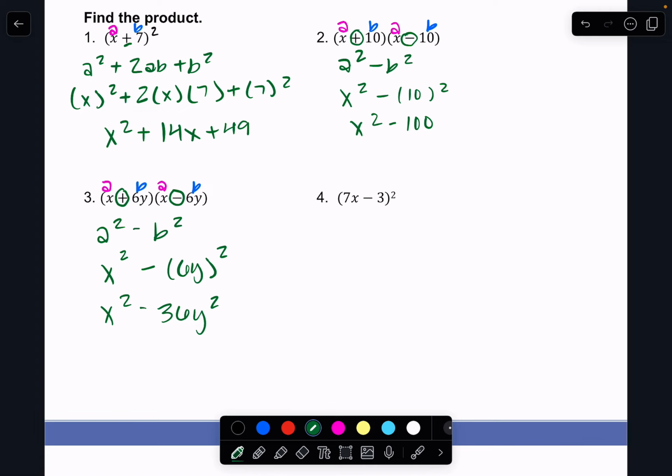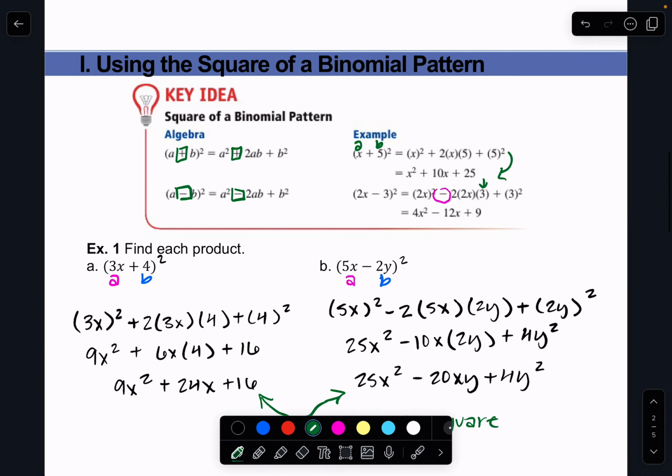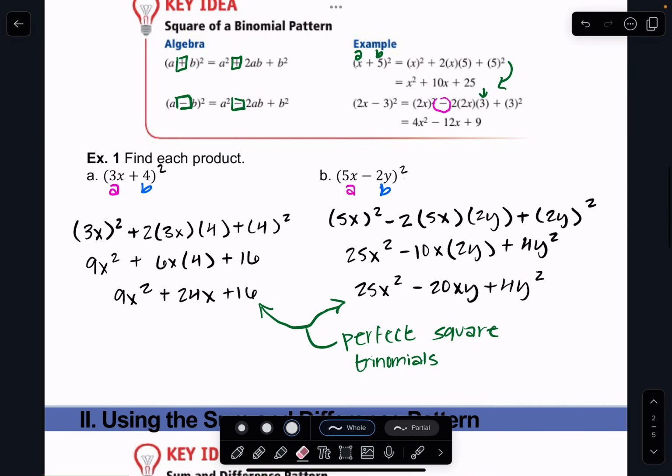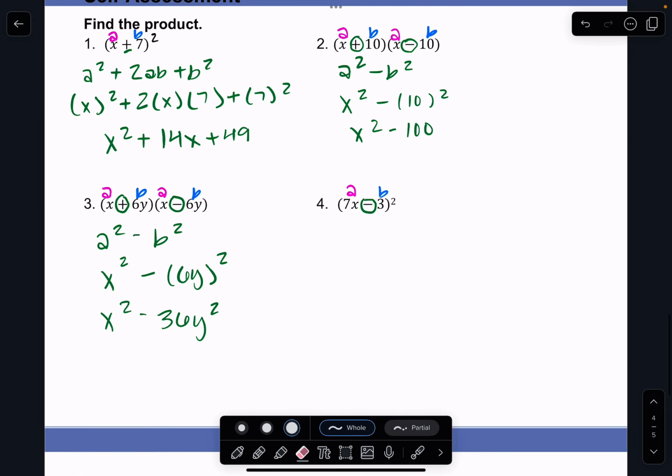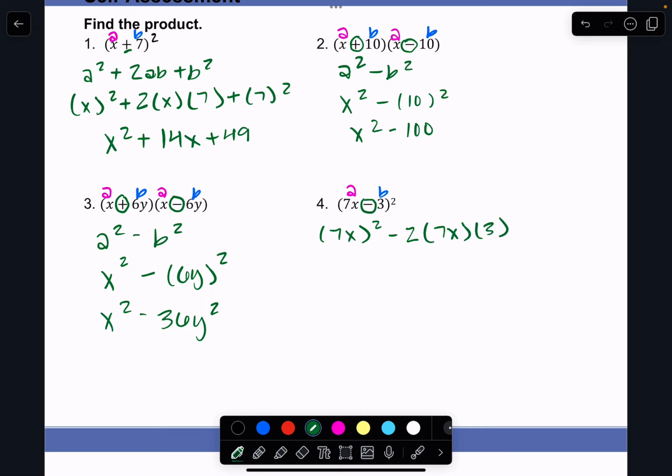And finally, number 4, 7x is a, 3 is b, and here we've got that minus sign. So this is going to be our square of a binomial pattern with that subtraction sign. So a squared is 7x squared, minus 2 times a, 7x, times b, just 3.